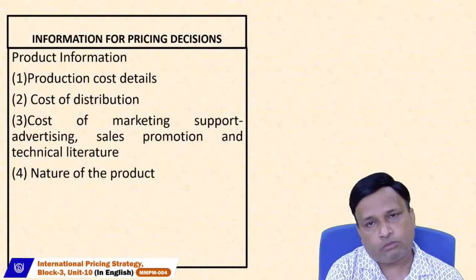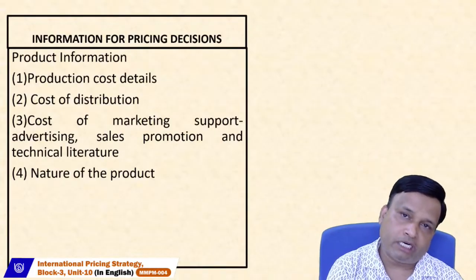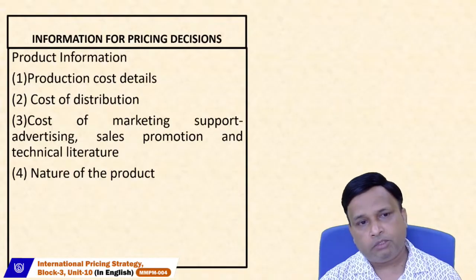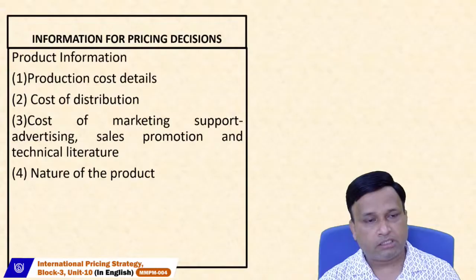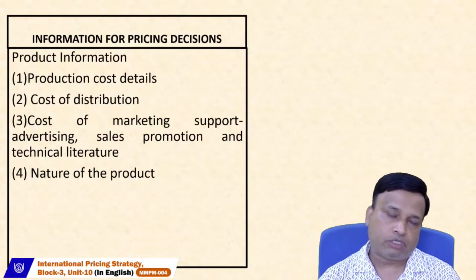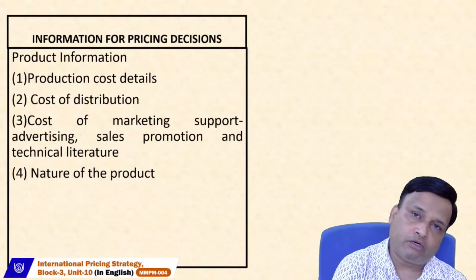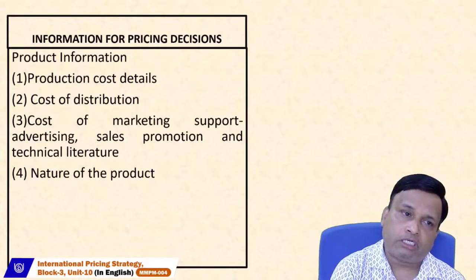Second, we talk about the cost of distribution. Remember, let me tell you: if the product is a high-end product, it requires exclusive retail outlets, and the operating cost of an exclusive retail outlet is relatively higher compared to a low-involvement product. For a high-end product the distribution pattern will be different.